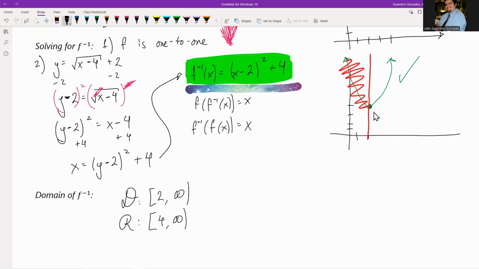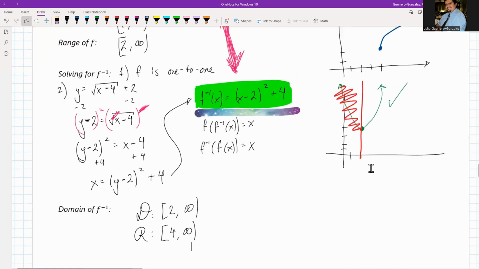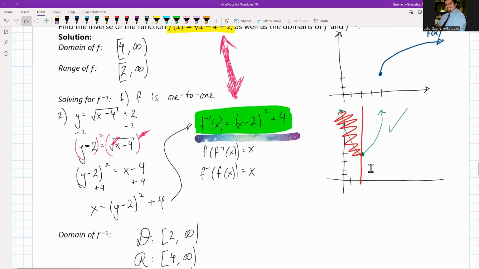Okay, and this solves something else that hopefully you guys should have realized as well. Back from our picture and back from our definition, if this is my domain and this is my range for f, then the domain and the range of f inverse should be these flipped, right?